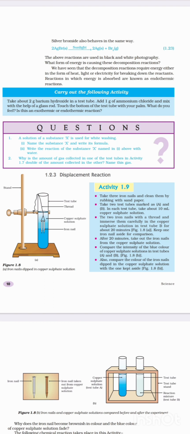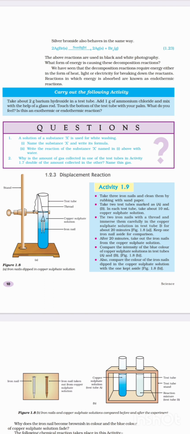Okay, now let's see displacement reaction. Displacement reaction is mainly about the electrochemical series, that is, more reactive and less reactive substances. Let's see activity 1.9. Take 3 iron nails and clean them by rubbing with sandpaper.